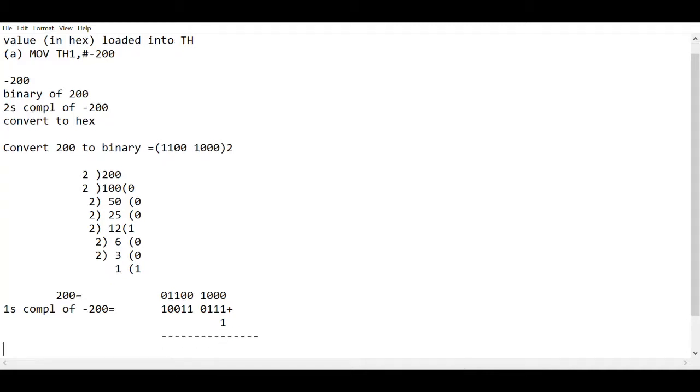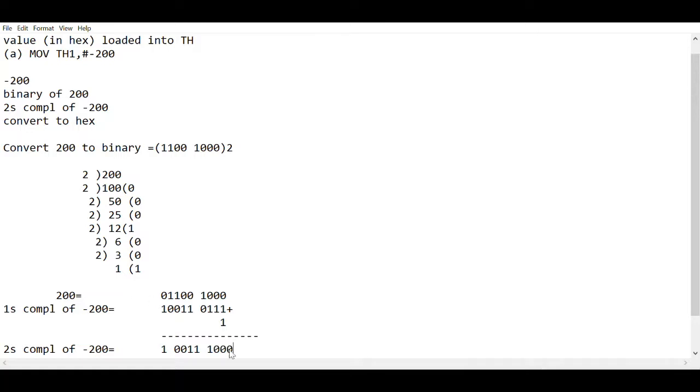So the 2's complement of minus 200 is equal to, here you have a sign bit, 0 0 1 1, then you'll have 1 0 0 0. You can just add and see.